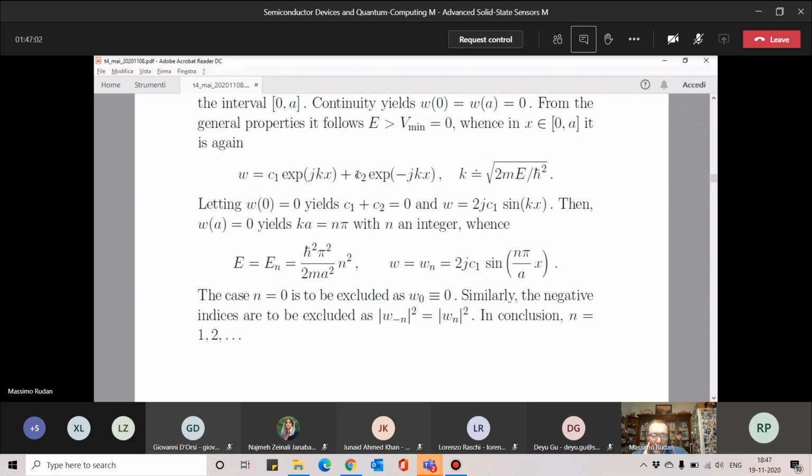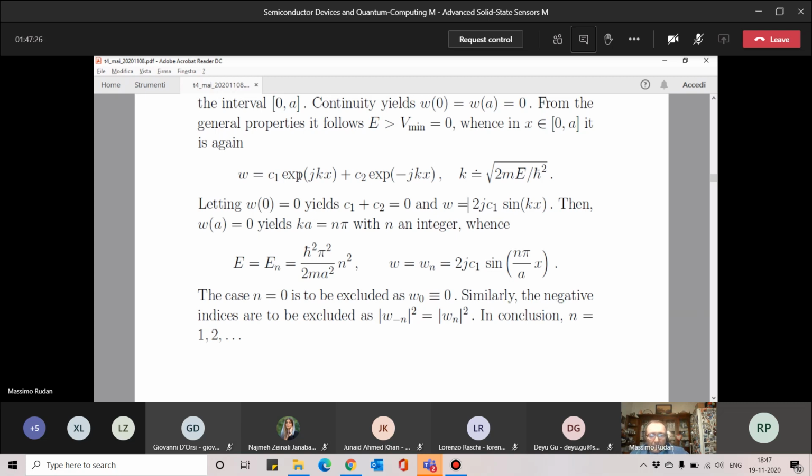C2 is equal to minus C1, so this expression becomes 2j C1 sine of kx, because it is exponential of j minus exponential of minus j, so it is twice the sine of kx.